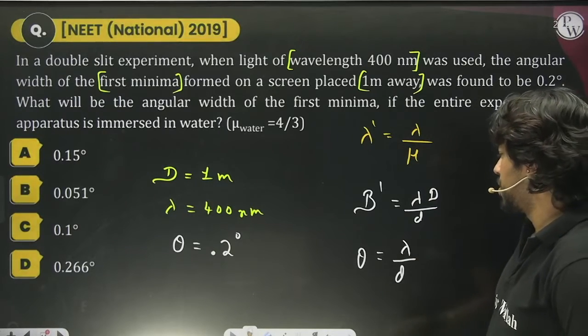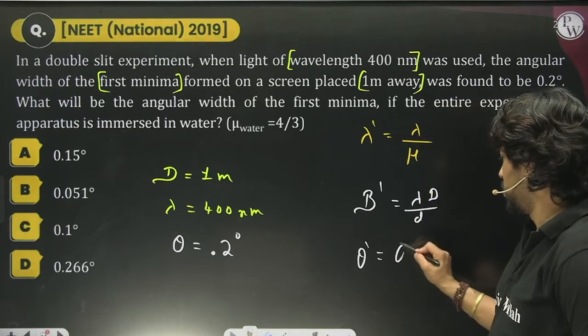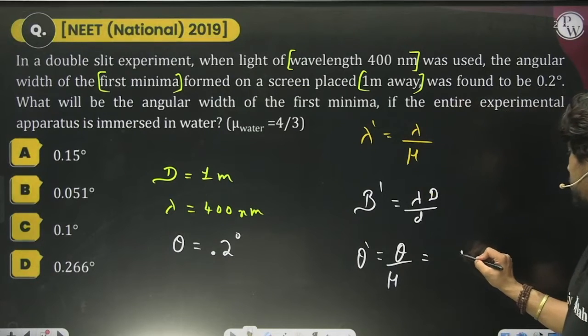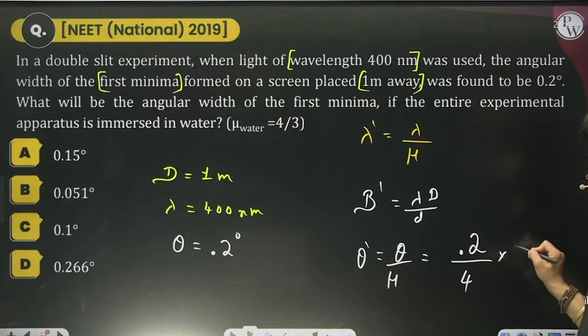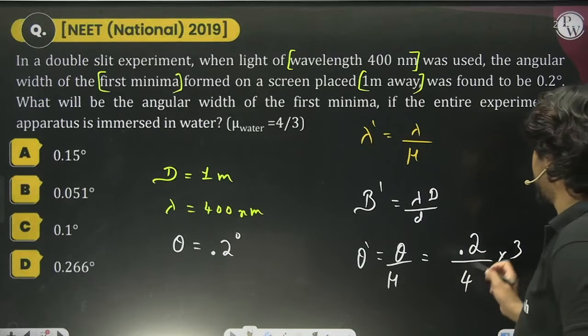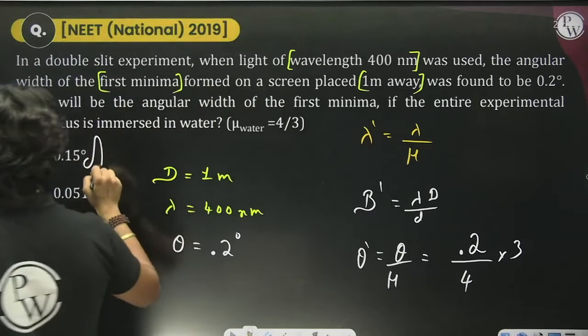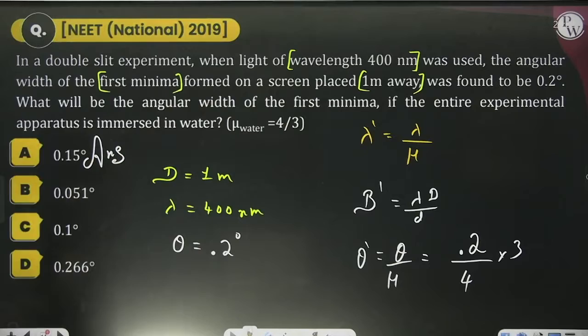So in short, theta dash is going to be theta by mu. That means 0.2 divided by mu, and mu is 4 by 3. We are left with 0.15. This is the answer.